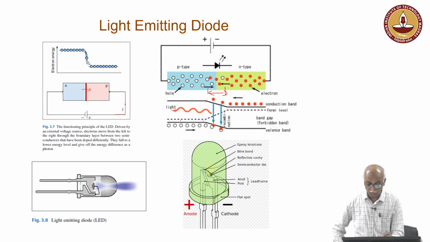At the junction region the Fermi level will look like this. Because of this, recombination comes into picture, and the probability of electrons recombining with holes increases in this region.